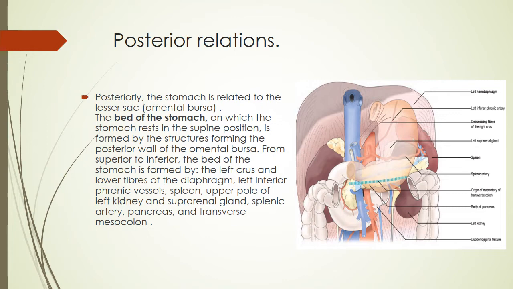So remember, immediately posterior to the stomach there is the lesser sac, and then behind the posterior wall of the lesser sac we have the structures which form the bed of the stomach.